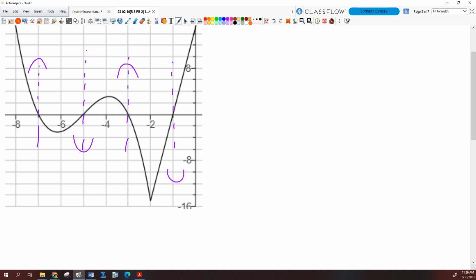The curve is getting steeper and steeper, and now it's starting to level off a little bit like that. See what I'm saying? That's not supposed to be vertical. It's just steep. And then when it gets up to here, that's where it's going to flip over and start to become positive. Okay? Does that make sense? Okay.